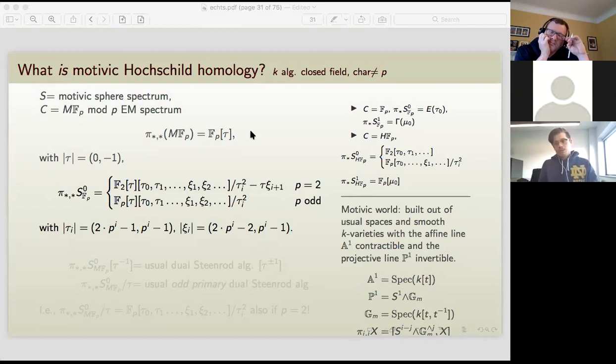And so Voevodsky calculated the dual Steenrod algebra, and as I promised, in the odd case, we have just the usual situation where we have some exterior generators, tau, tau1, and so forth, with degree 2p^i - 1, but they also have weight p^i - 1.